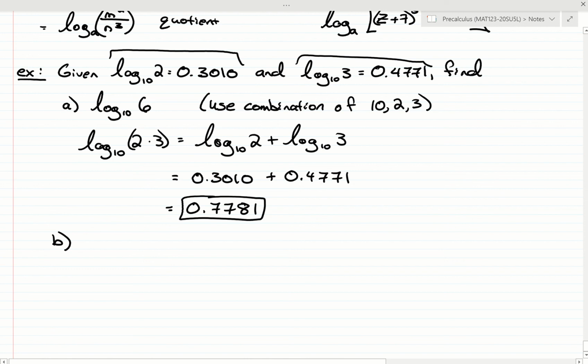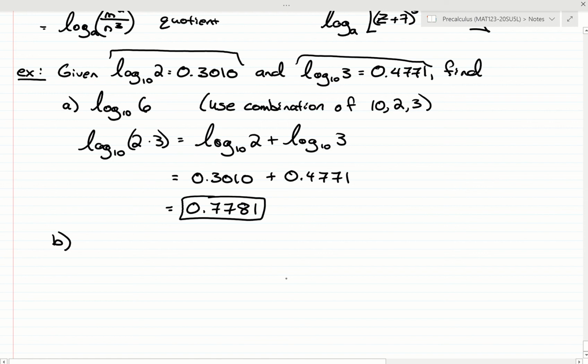Well, that's really just 3 squared, right? So let's use our properties. This would be log base 10 of 3 squared plus the log base 10 of 2. That's using the product property. So we could bring this 2 down. So it's 2 times whatever the log base 10 of 3 is, plus the log base 10 of 2.